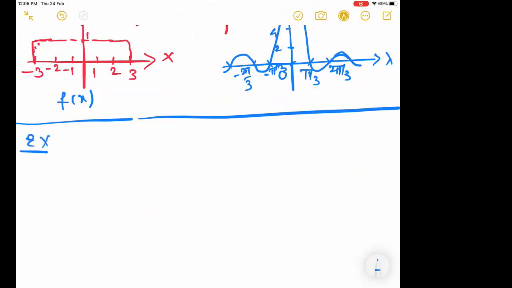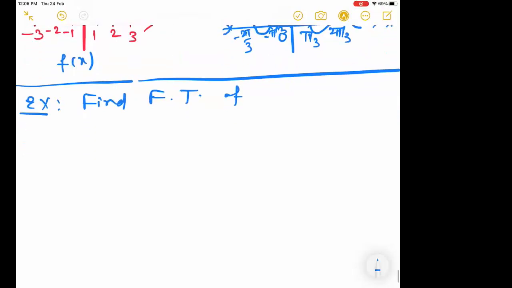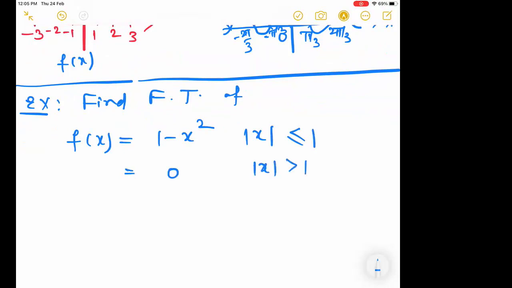Find the Fourier transform of f(x) equal to 1 minus x square for mod x less than or equal to 1, and the answer is 0 for mod x greater than 1.